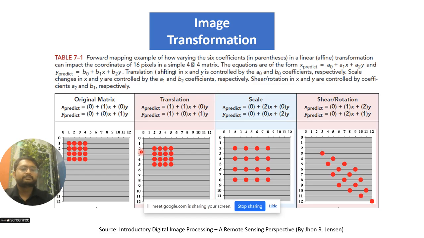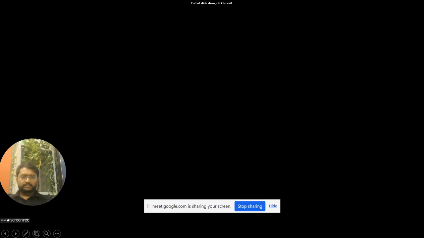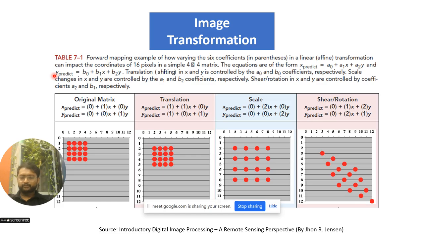So because of this change in reference system in the image which we have and the transformation system in which we are converting it, the reference systems are different, and that's why sometimes we add the negative sign here in the y of y predicted. Okay, so that was the basic concept, just an overview of the concept.